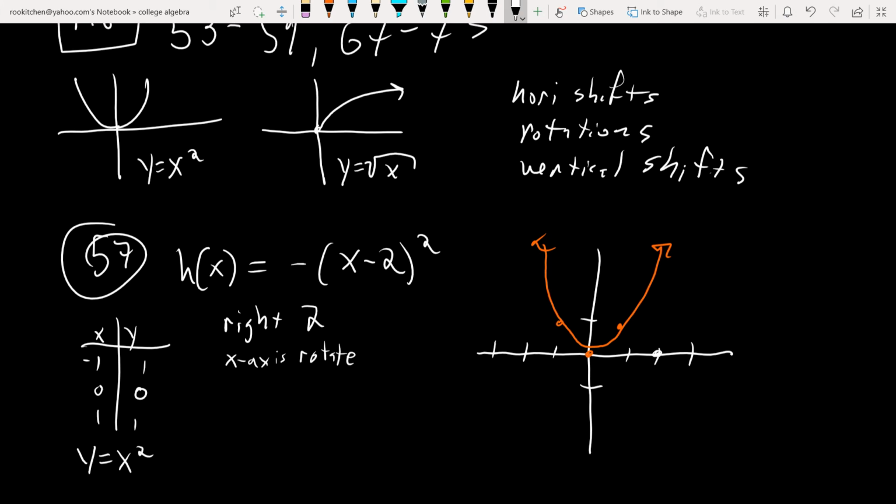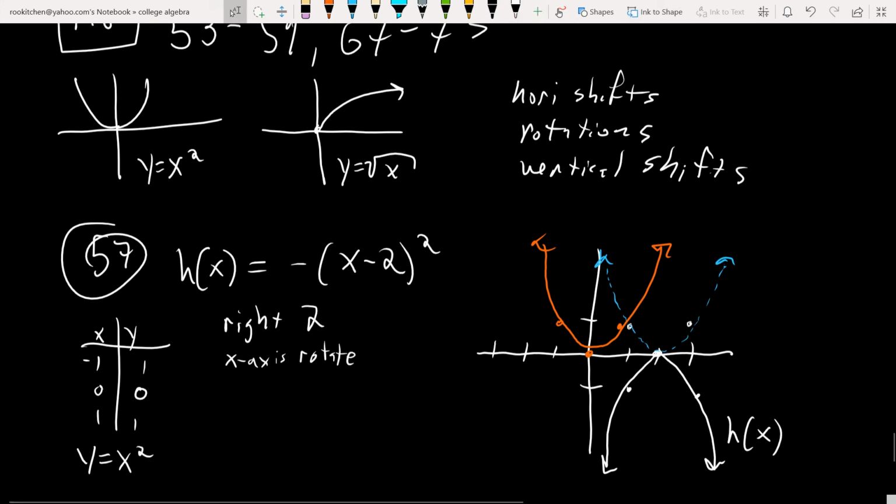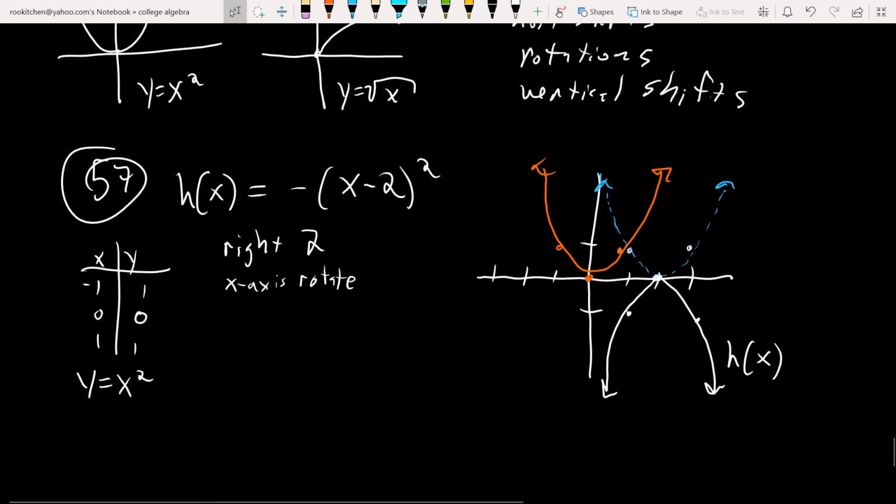Okay, so put that one in blue. And then I got to rotate this thing about the x-axis. So I'll put my final answer in white. And make sure you label your final answer so I know which one to grade. That's that for that problem.